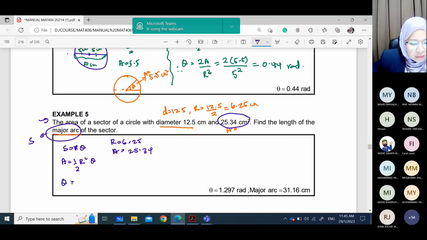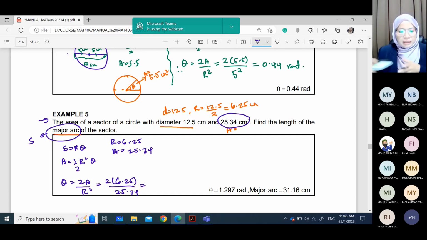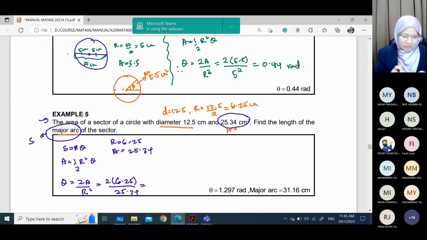So theta sama juga dengan 2A over r squared, r buat ke sebelah dia akan jadi bahagi r kuasa dua. So masukkan saja 2 times 25.34 over 6.25 squared. So the angle is 0.49.